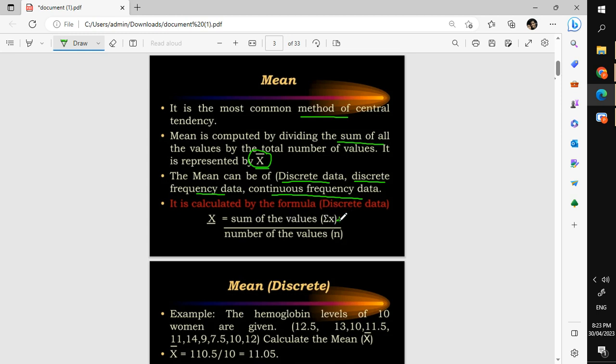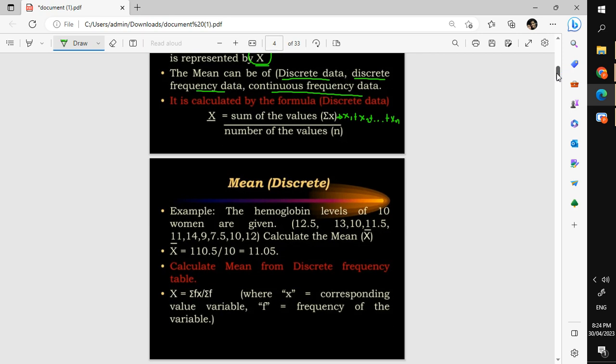If we expand the summation of x, it simply means x sub 1 plus x sub 2 plus ellipsis until x sub n. This ellipsis stands for the values between x sub 2 and x sub n, such as x sub 3, x sub 4, x sub 5, and so on. Then you divide that by the total number of observations or values.